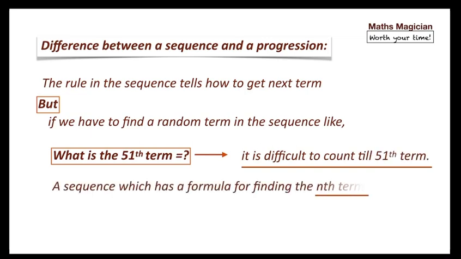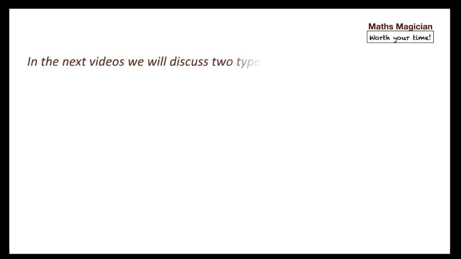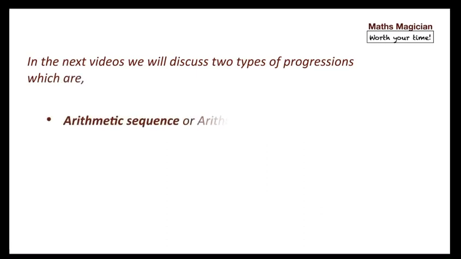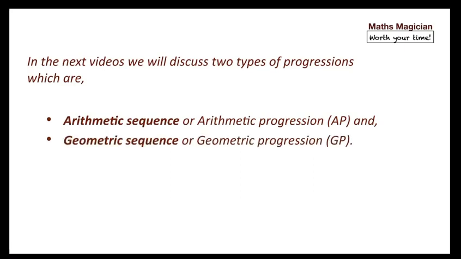A sequence which has a formula for finding the nth term is called a progression, where nth term is any random term which we want to find. In the next videos, we will discuss two types of progressions, which are arithmetic sequence or arithmetic progression and geometric sequence or geometric progression.